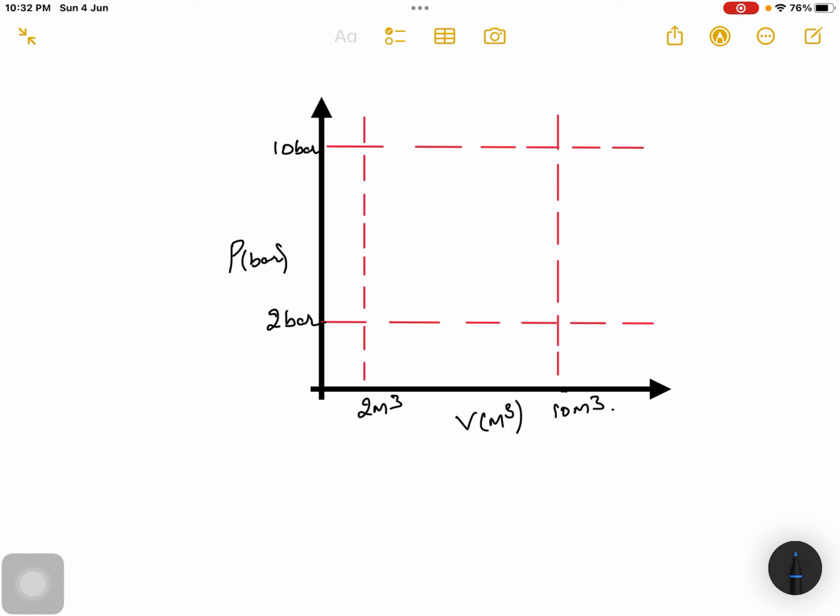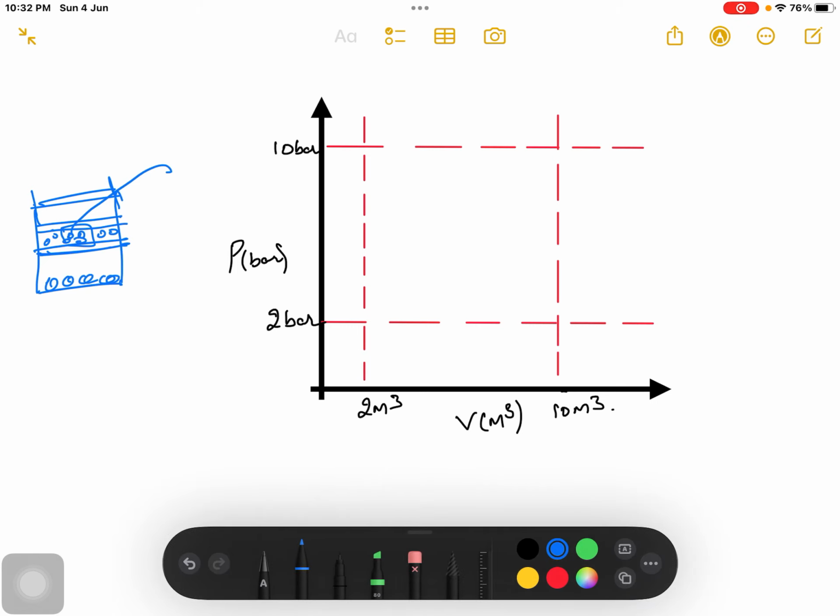And I told you that when I take a container, the gas is filled here, and when I remove the sugar crystal packet rapidly, the piston moves here, and at some intermediate stage the gas molecules are randomly distributed.